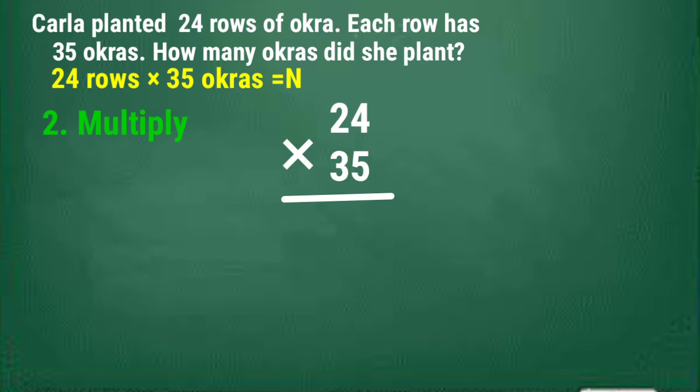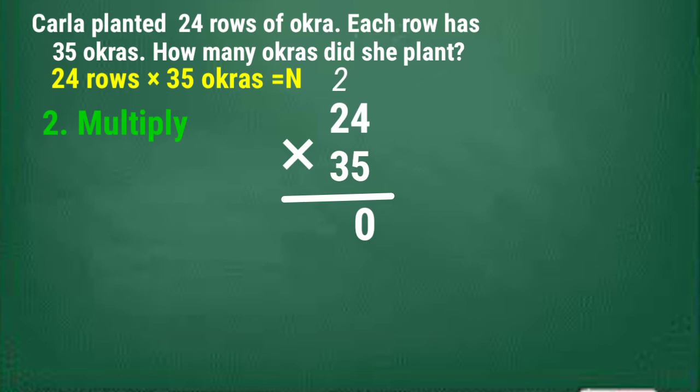So we will multiply first 5 times 4. 5 times 4 is 20. So instead of writing 20 below, we only need to write 0 and carry number 2 on top of the next digit to be multiplied.